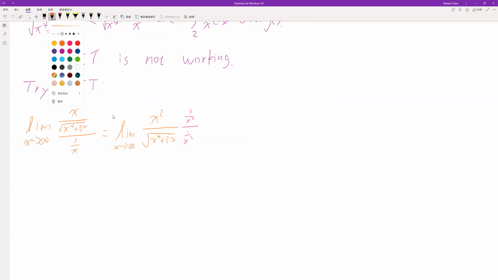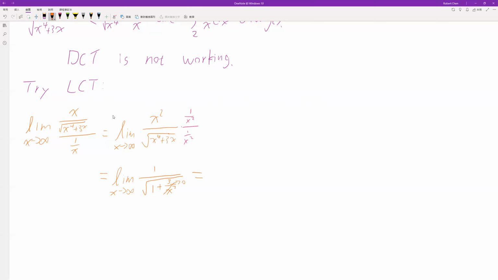Okay, and the numerator, I have 1. And the denominator, if I multiply 1 over x squared into the square root, I get 1 over 1 over x to the fourth power, right? So in the denominator, it will look like 1 plus 3 over x cubed. Right? And then after you take the limit, the only term with the x is right here, that will go to 0.